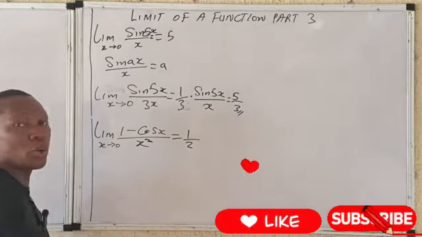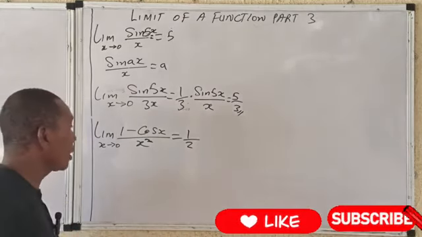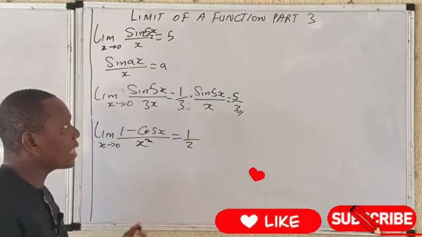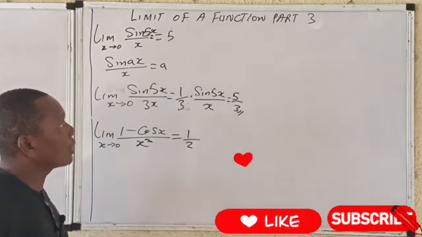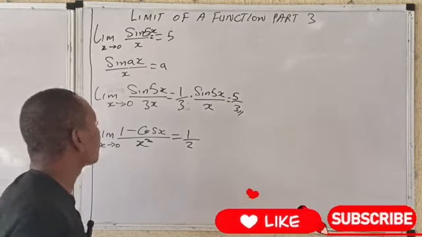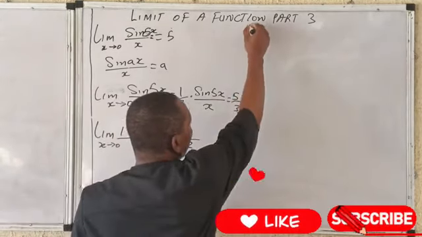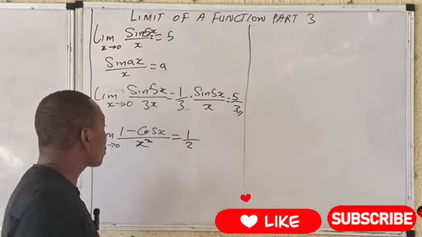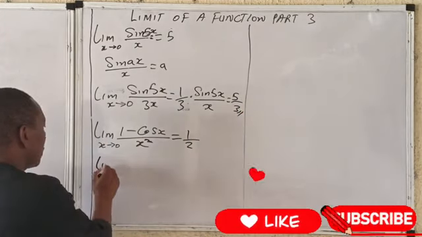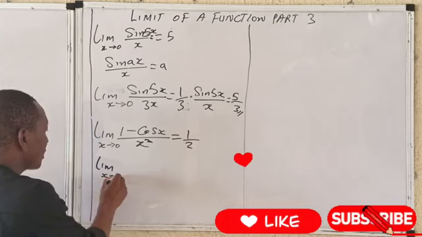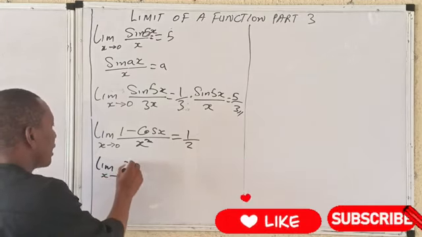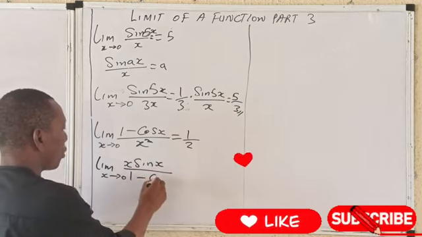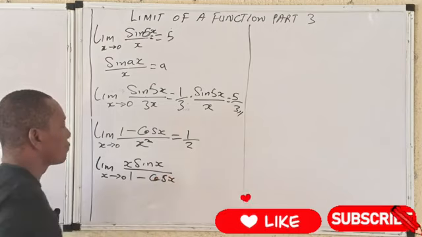By the time I'm done with the standards, we'll start solving questions. Okay, let's just solve one standard question. Let's assume that you are asked to solve the limit as x tends towards 0 of x sine x all over 1 minus cos x.